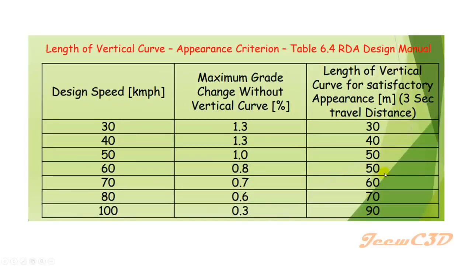Again, you have to have a vertical curve length of 50 meters or greater to satisfy the vertical curve length criteria for 60 kilometers per hour. That is the kind of design criteria we have to remember when designing the vertical alignment for this particular road.